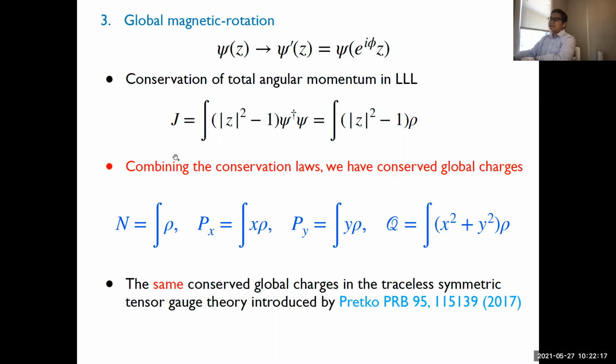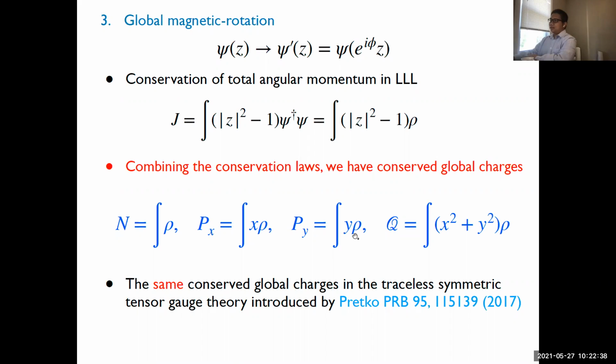So when you combine the three symmetries, we have the conservation law and the conserved global charges in this form. We have the conservation of total charge, the conservation of dipole in the x and y directions, and you also have the conservation of the trace part of the quadrupole.